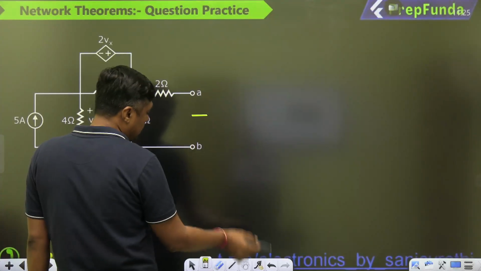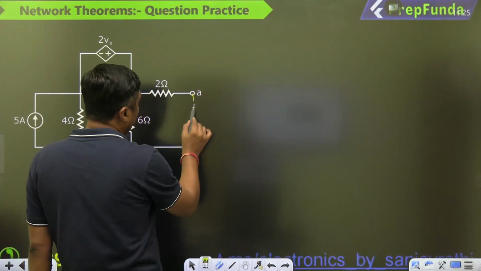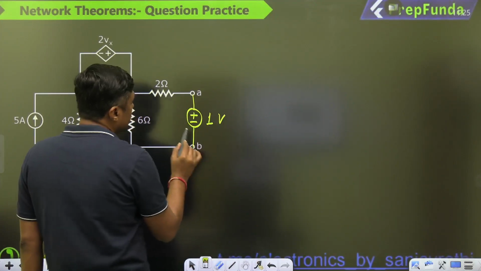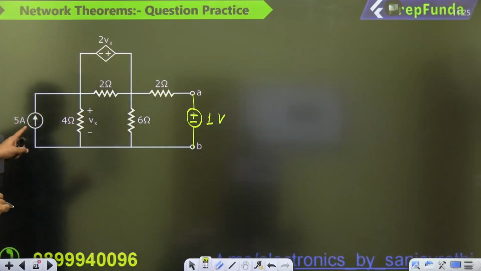Suppose you want to find the RTH, you can connect a 1 volt external battery here. But remember, in that case, you have to make it open circuit.